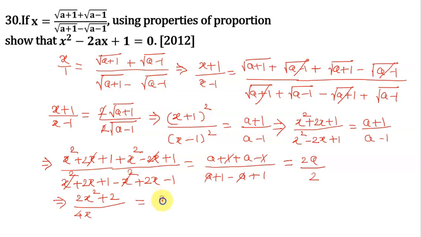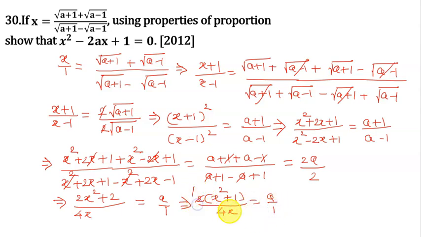Then you will have a upon 1, and if we take 2 as common, in bracket you will have 2(x² + 1) divided by 4x, and that equals a upon 1.